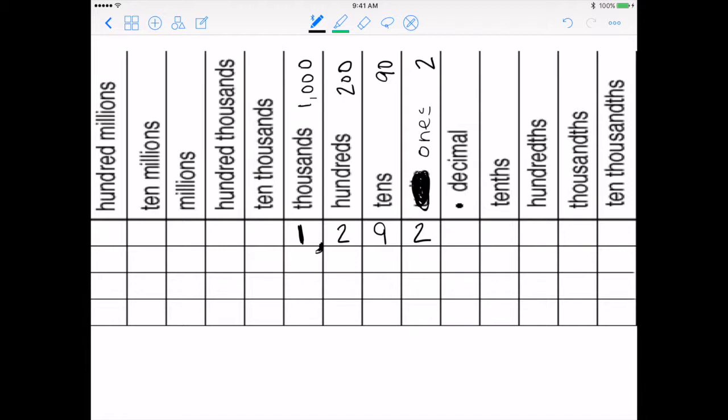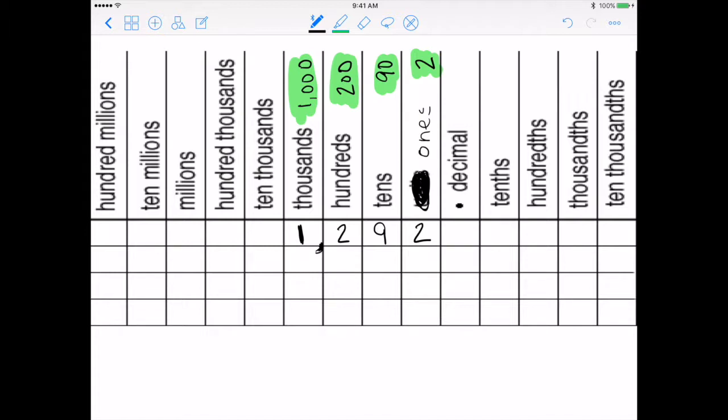So we've talked about words in number form, but we can also talk about writing numbers in expanded form. And we can use place value of each digit in a number to help us to write out our number in expanded form. So again, we're using our example of 1,292.